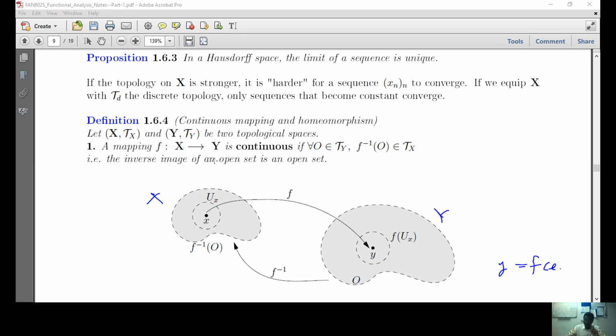In other words, for any O in the destination topology, where the range is, because you have the source and the destination, F is defined from X to Y. X is the source space, Y is the destination or target space. You take any element in the target space, you take the reciprocal image, and it has to be in the topology of the source space.